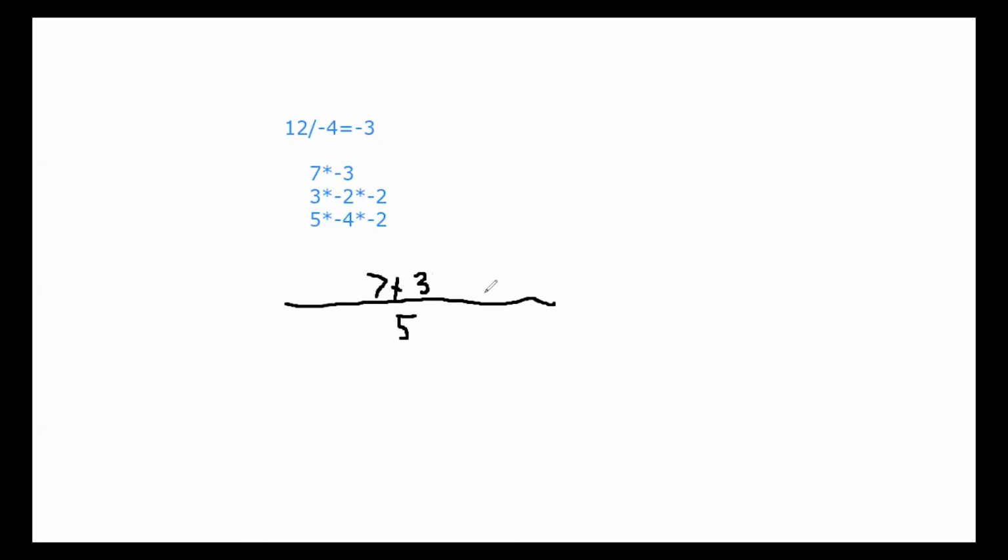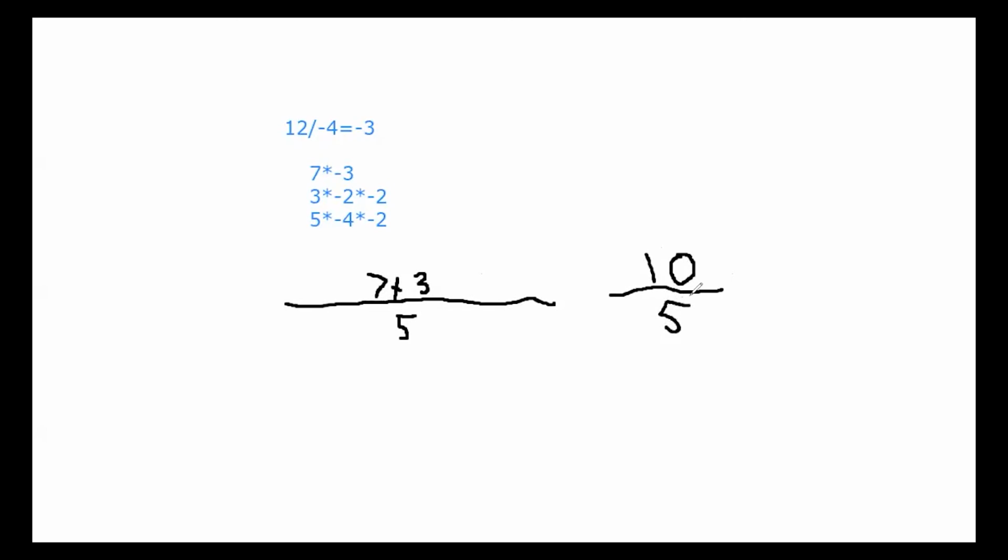So before we do division, we have to do 7 plus 3. So 7 plus 3 is 10.